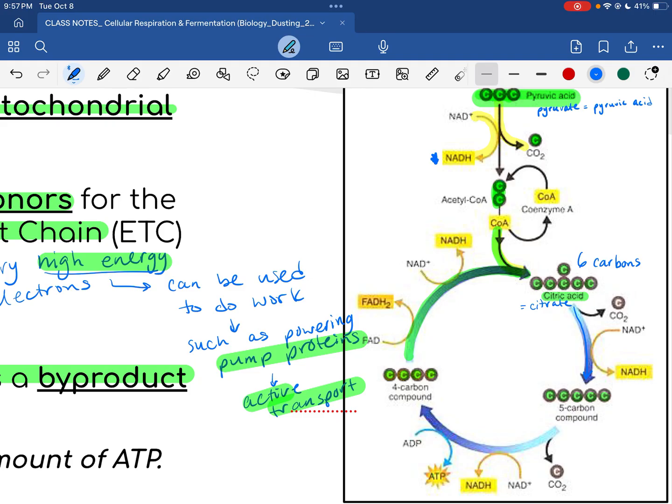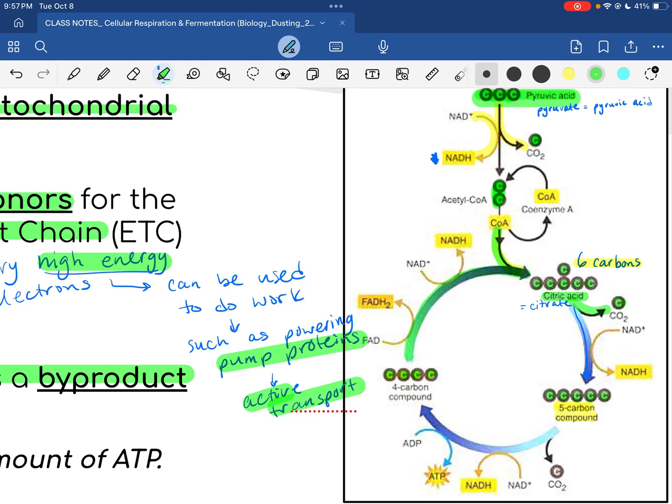That's all we need to know, that it's a 5-carbon compound. And because we've gone from 6 carbons to 5 carbons, that means that we must have lost a carbon dioxide. So this process here will lose a carbon dioxide.